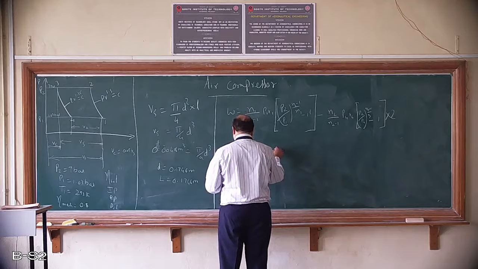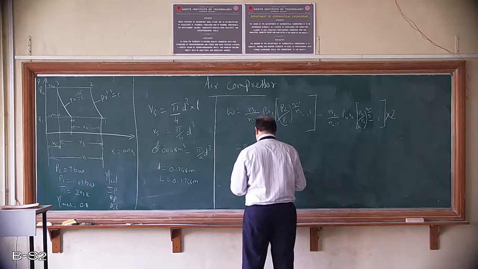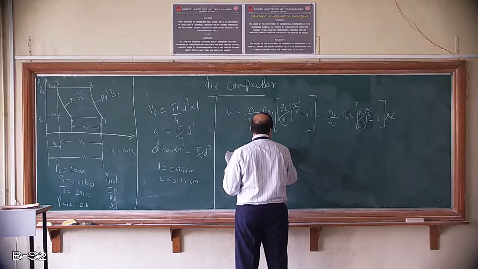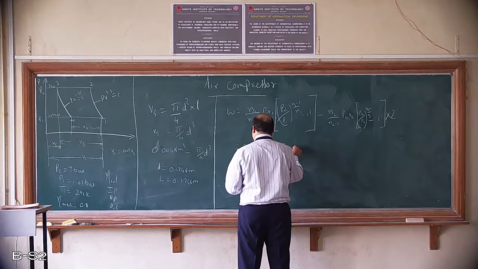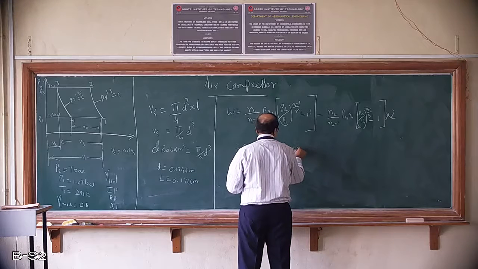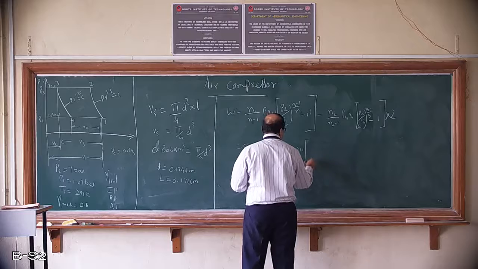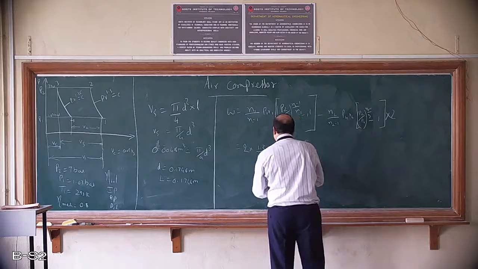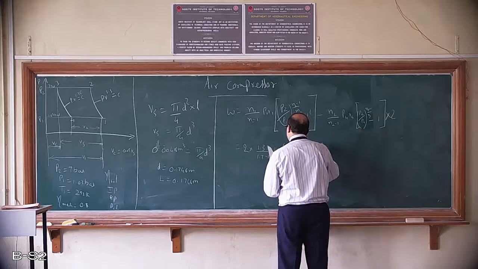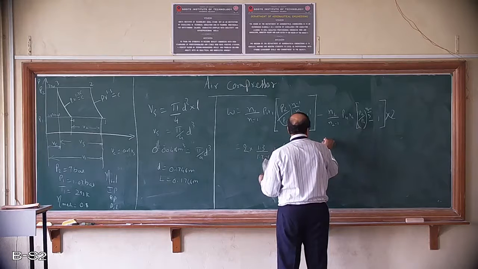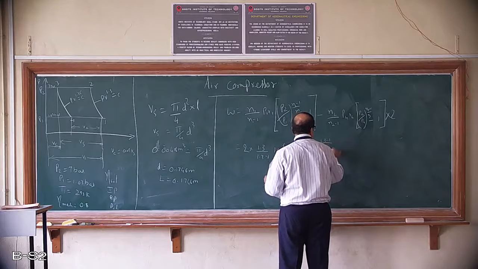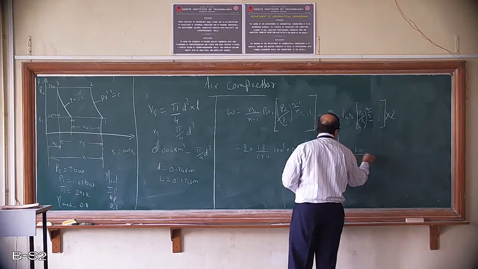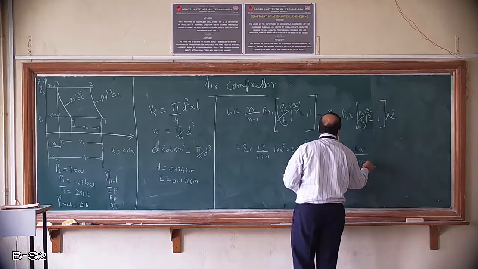P1 is given as 1, so I take it as 1 into 10 to the power of 5 into V1, calculated as 0.211 Vs, times P2 by P1, which is 7 by 1, to the power 1.3 minus 1 by 1.3, minus N2, which is 1.35 by 1.35 minus 1.